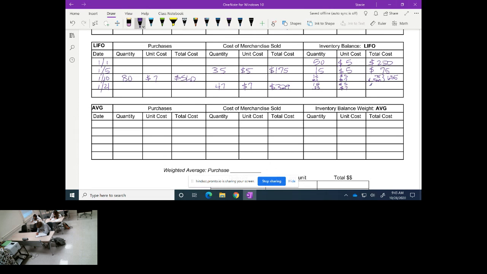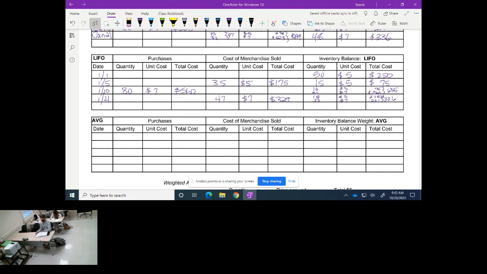So our ending inventory is going to be 75 plus 33 times 7, which is 231. So your total inventory is going to be 306. Already it's only a $30 difference, but we're using really small numbers.